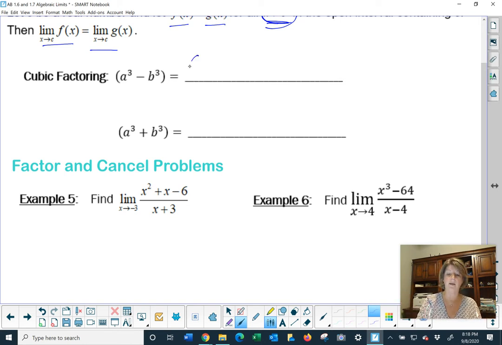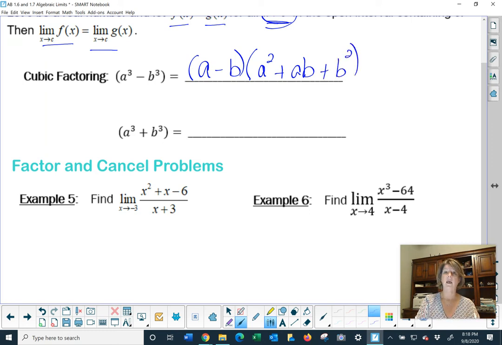So I don't know if you recall what your cubic factoring is, but I know when I have a cubed minus b cubed, I get a minus b times a squared plus a times b plus b squared. And for the sum of cubes, its factoring is quite similar to the above.